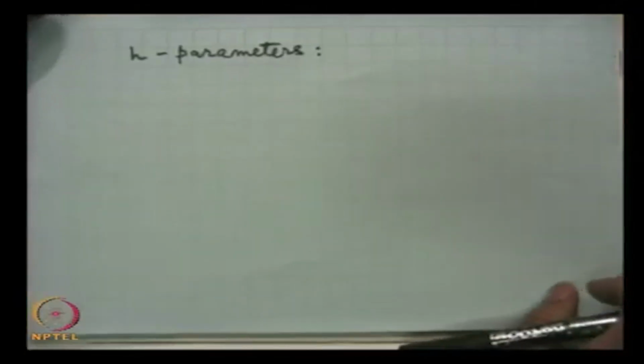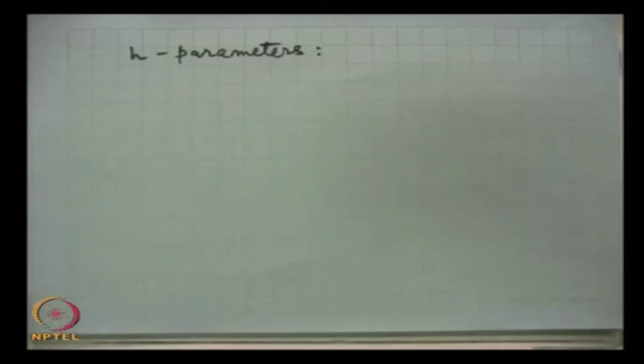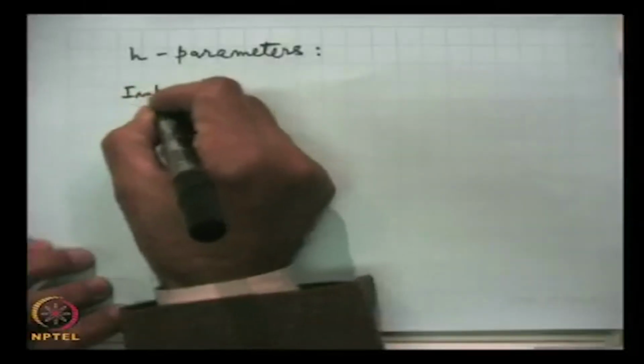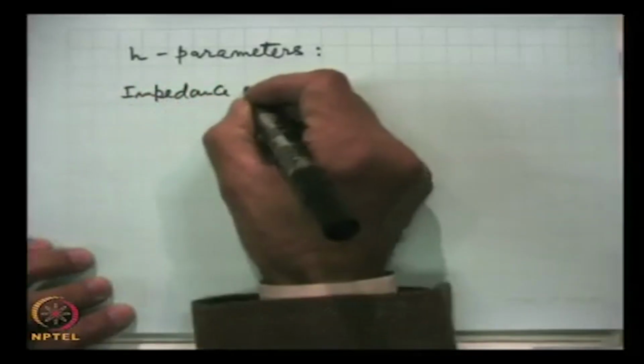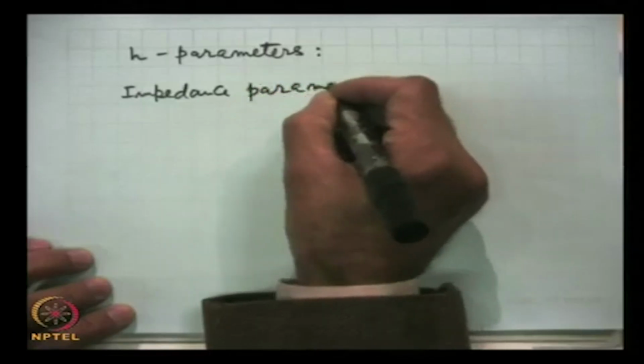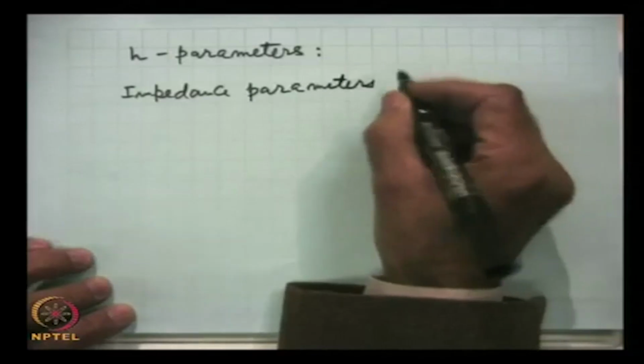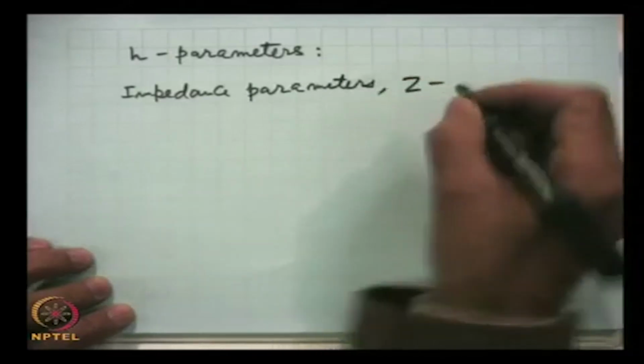Why hybrid? These are called hybrid parameters because before the invention of the transistor, in electronics there were tubes, and all circuits were designed with tubes. Tubes could be analyzed comfortably with either of two sets of parameters: the impedance parameters, which are also called the Z parameters.